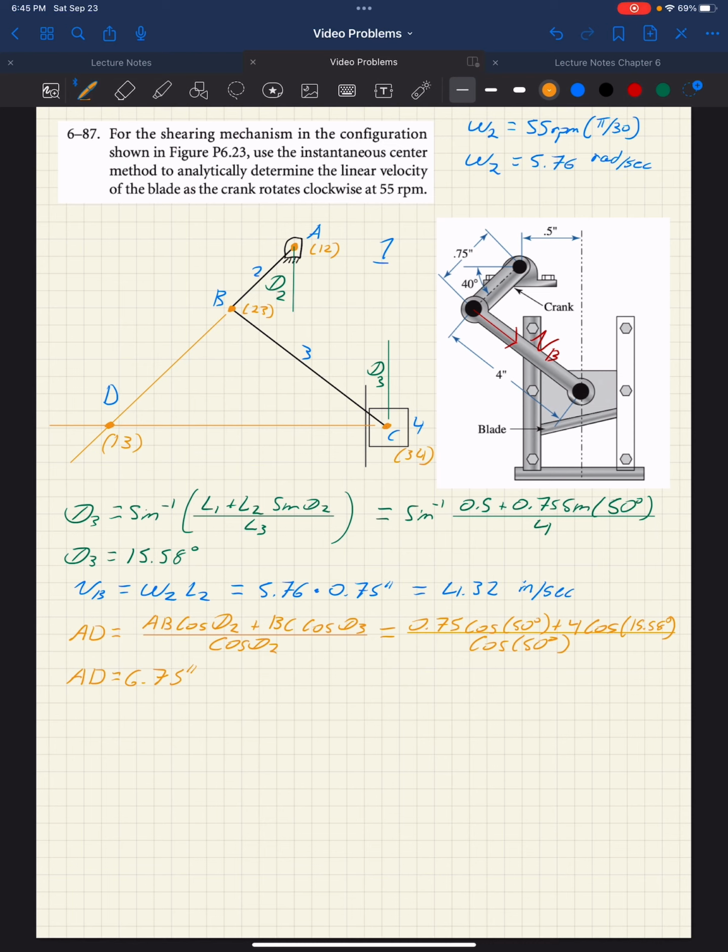Real easily, right, we can see link 2 is 3/4 of an inch, so BD is equal to 6 inches.